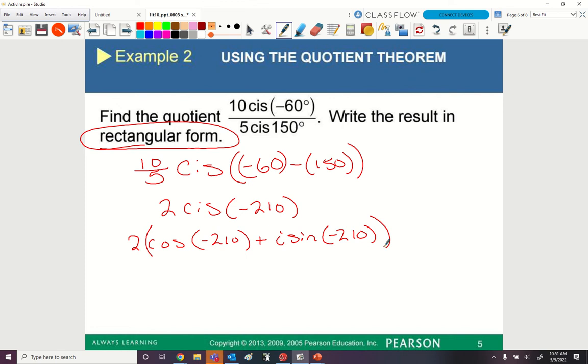It is going to be coterminal with the angle of positive 150 degrees. So I'm taking my negative 210 and adding 360, and when I put those together I get 150 degrees as my coterminal angle.